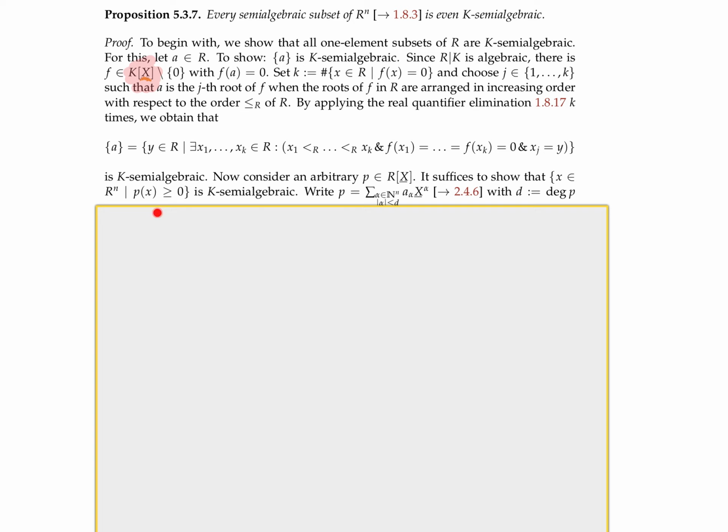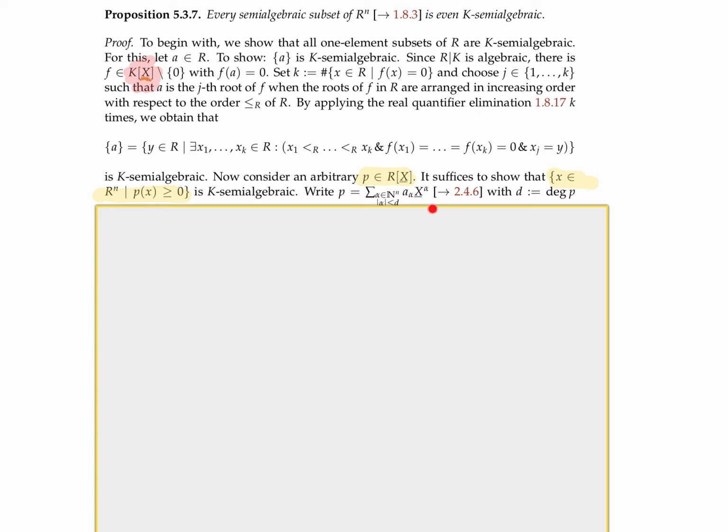Because these sets here, now I'm back in n variables, where p is a polynomial with coefficients in R in n variables, generate the Boolean algebra of all semialgebraic subsets of R to the n, right? R-semialgebraic, if you want.